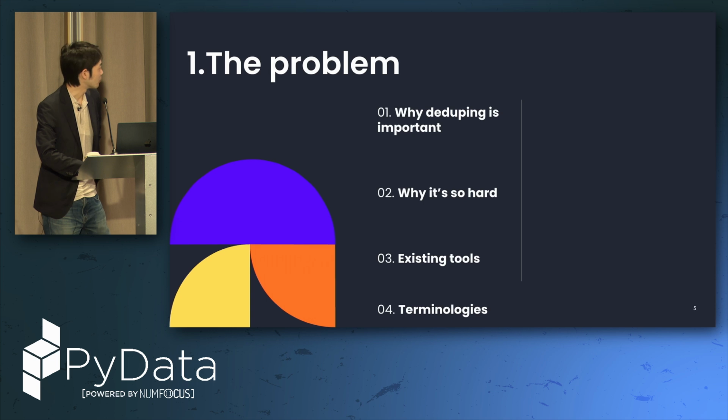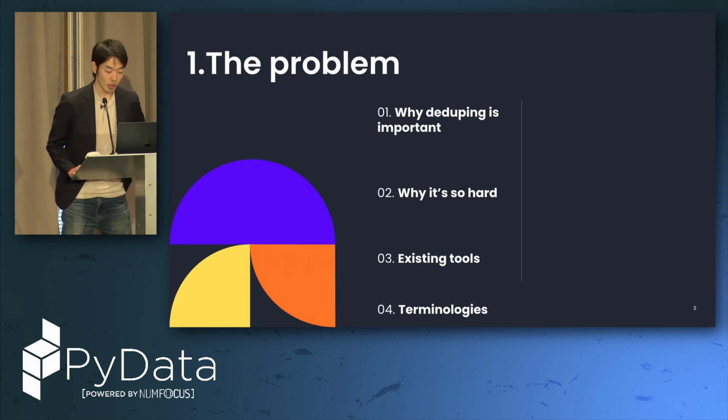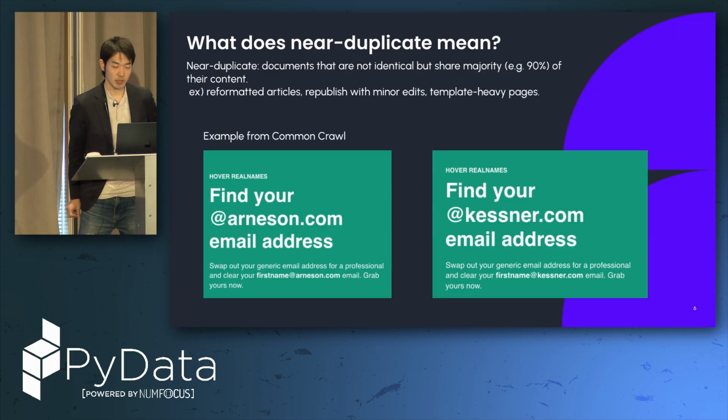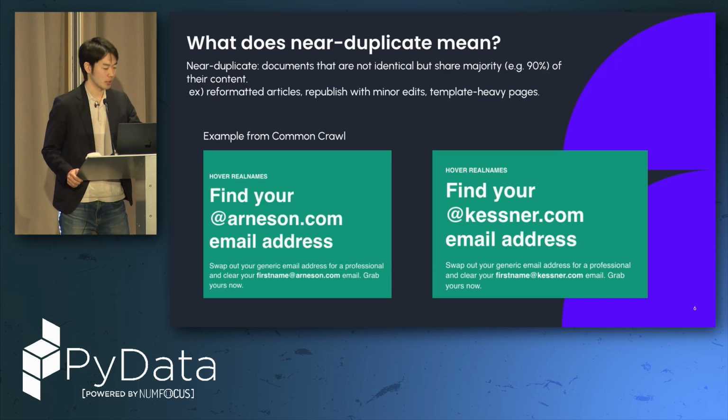So the problem has 4 subtopics: why it's important, why it's so hard, what some existing tools are, and some background terminology to understand the problem. First of all, what does near duplicate mean here?